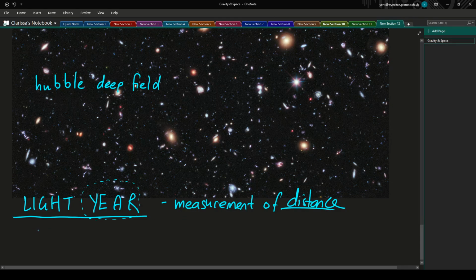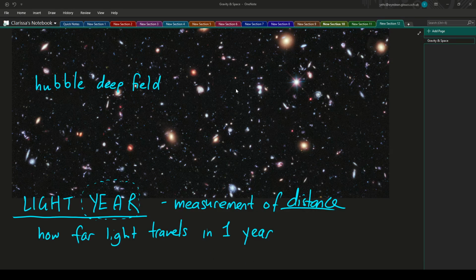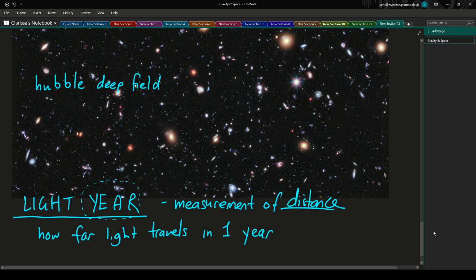It's a measurement of distance, and it is specifically how far light travels in 1 year. Light is basically the fastest thing. Light's speed is about 3.0 times 10 to the power of 8 meters per second.